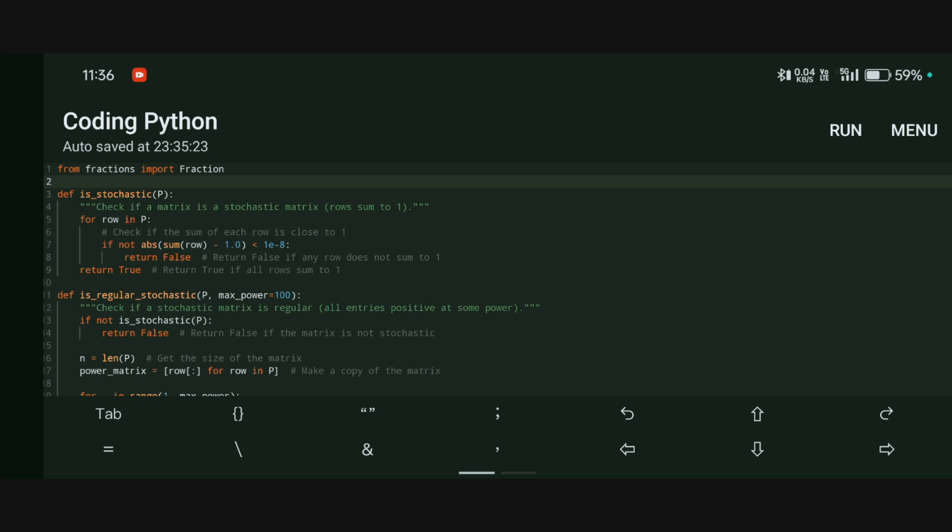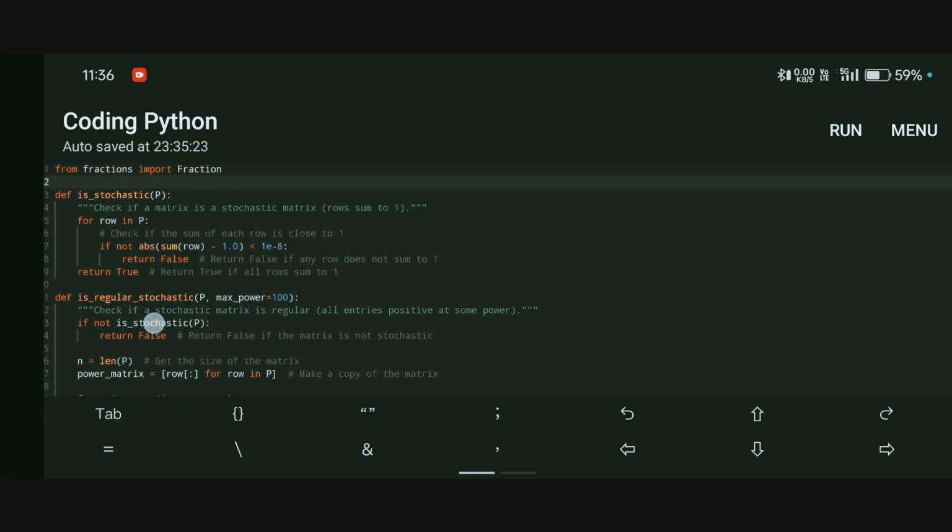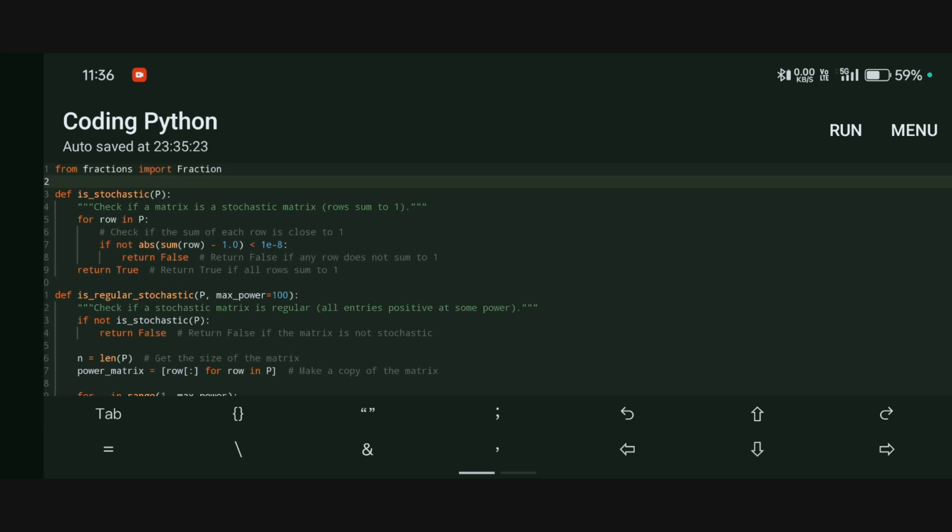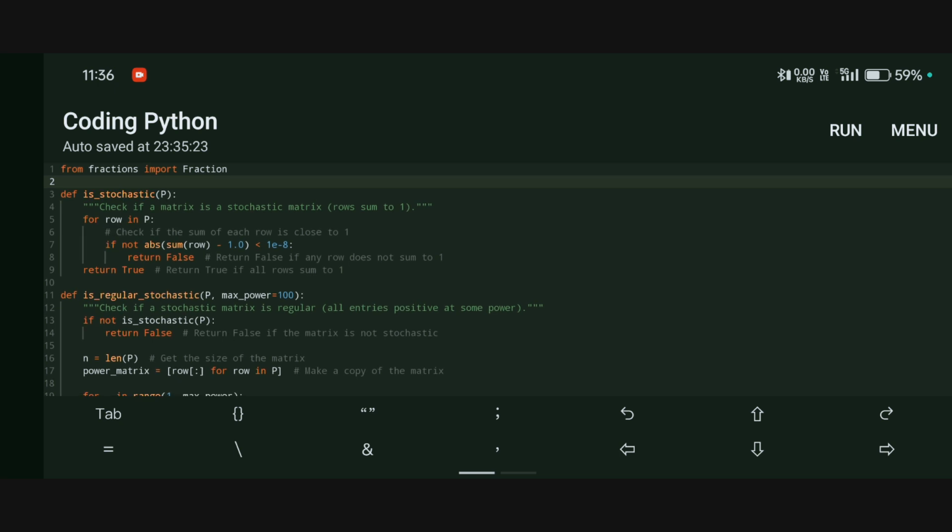We are easily familiar with the Python language, so I choose Python. Start with the first line: from fractions import Fraction. It is for printing the fixed unique probability vector in fraction form.